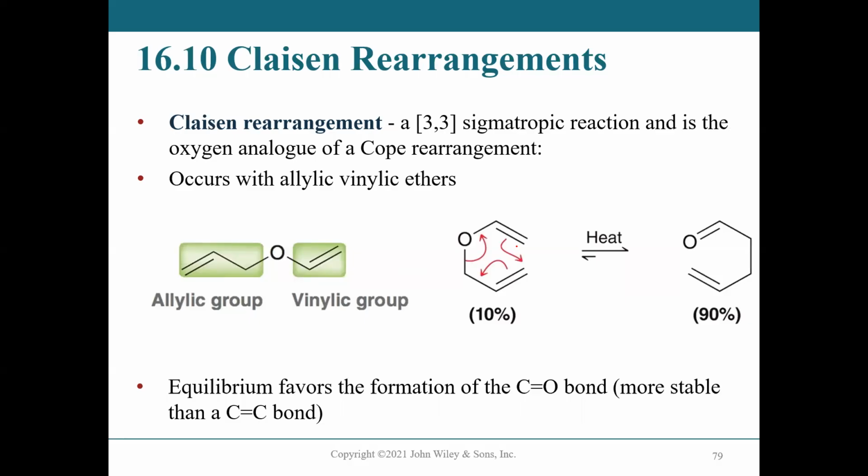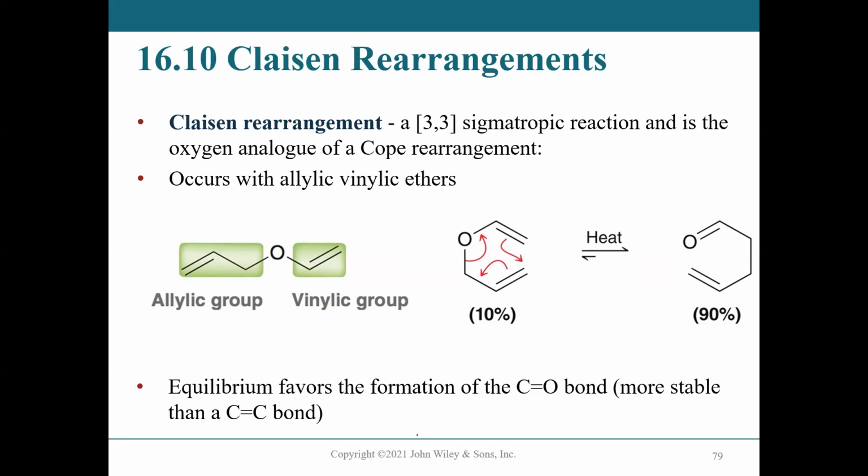So Claisen rearrangement is a 3,3 sigmatropic reaction and is the oxygen analog of a Cope rearrangement. This equilibrium favors the formation of the carbonyl bond.